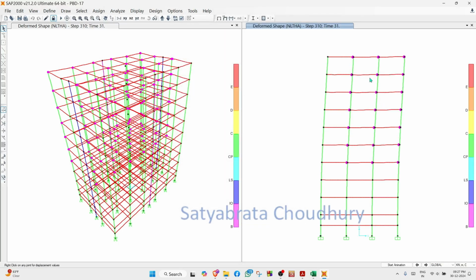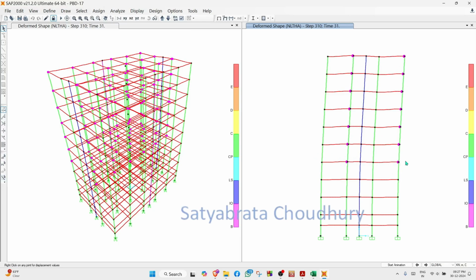These are the pink color hinges or immediate occupancy level of damage in the system, and it is showing some intermediate frame view. If you want to see the shear wall condition, then you go forward. Yes, this blue color is shear wall, and no hinge has been formed here because load is perhaps not very high. So hinges are there in the beams only.